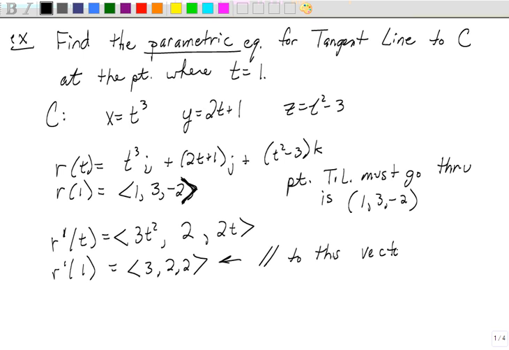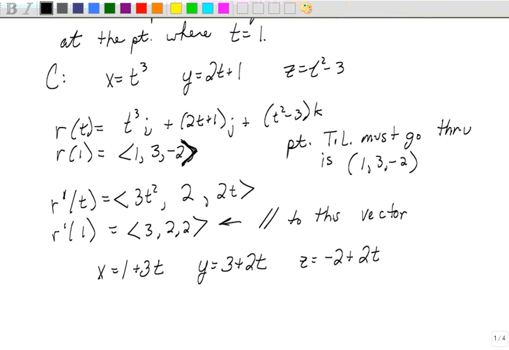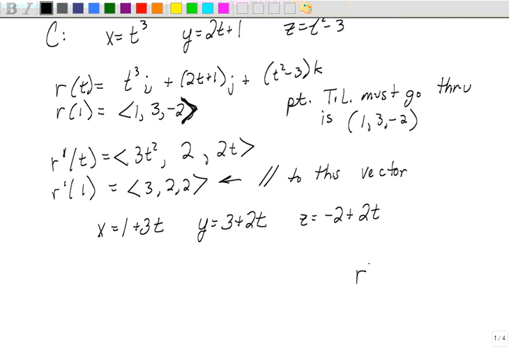So the parametric equations are easy. X is 1 plus 3t, y is 3 plus 2t, and z is negative 2 plus 2t. Remember, a vector equation for a line is r0 plus t v, and it's parallel to v through the terminal point of r0.